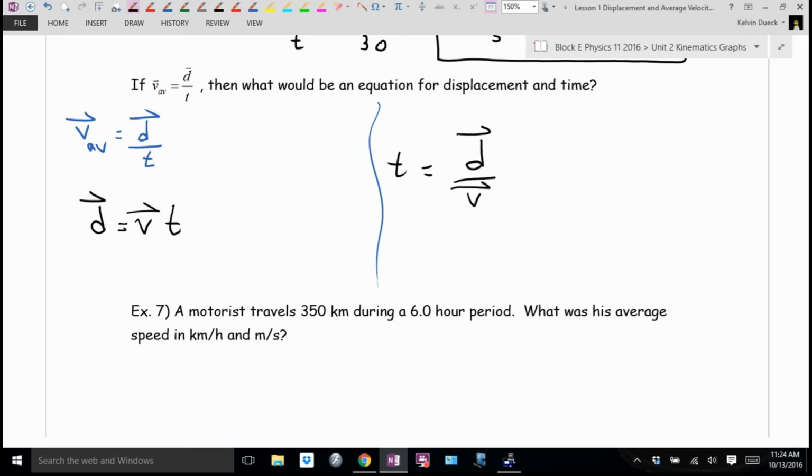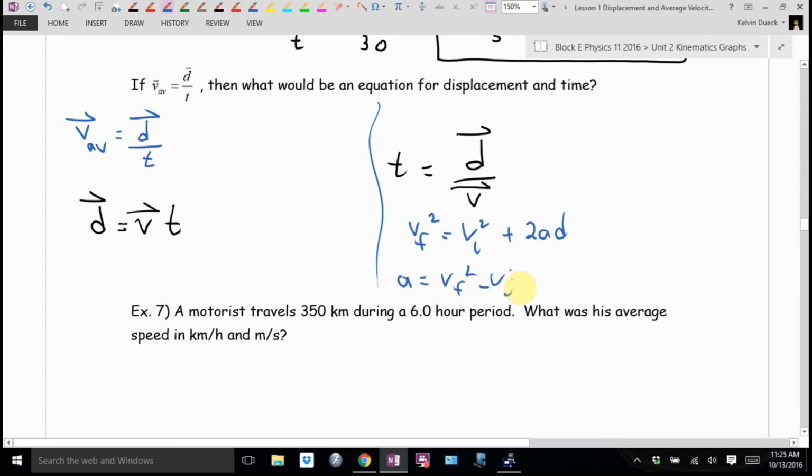This idea, that you can take one equation and rewrite it in many ways, is hugely handy. It may seem a little weird at first, but Christina, trust me, by Christmas, I will give you, don't write this down, vf squared equals vi squared plus 2ad, and you'll glance at that and say, oh, a equals vf squared minus vi squared all over 2d, and you'll do it almost boredly.